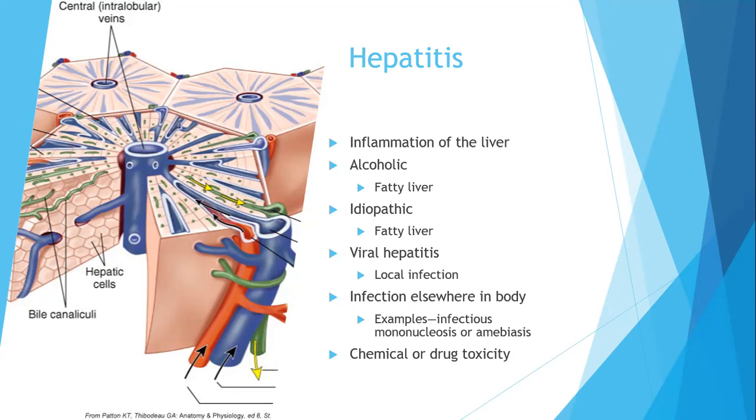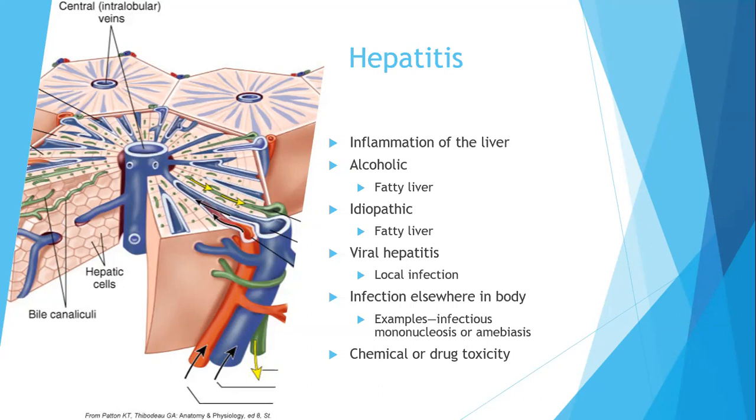We're not going to go into detail on liver function, but we are going to talk about diseases of the liver. So one of the most common ones is hepatitis, and anything liver is hepat. So hepatitis is inflammation of the liver. There are lots of different things that can cause inflammation of the liver. And of course, we think a lot of times of viral hepatitis, which is a bloodborne pathogen.